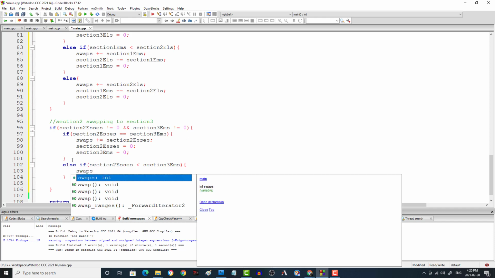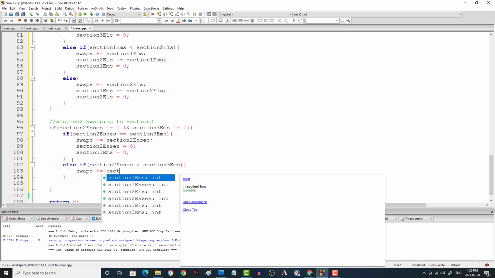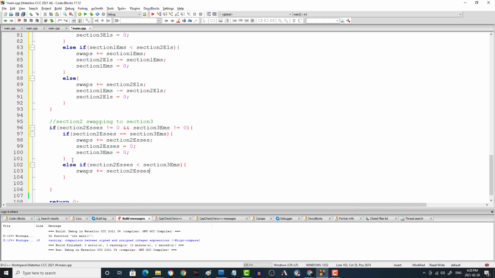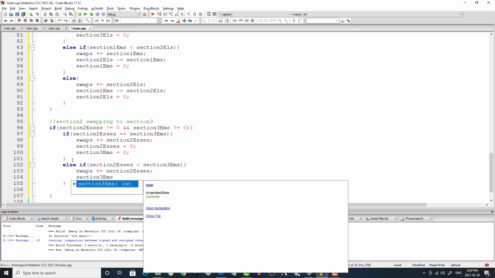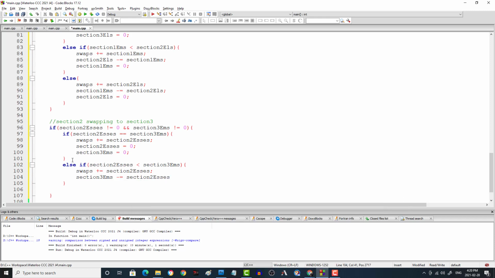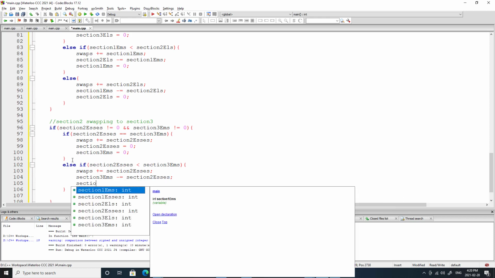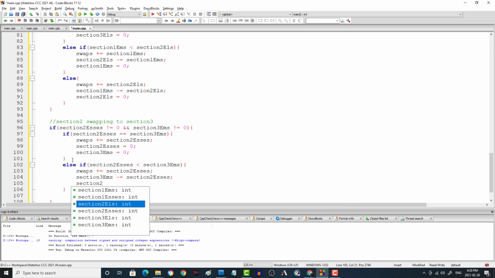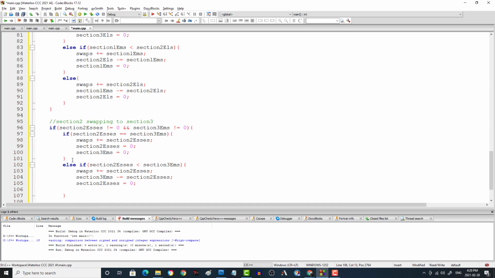So I would say swaps plus equals section 2 S's, section 3's M's minus equals section 2's S's, and that would mean all the S's are gone from section 2, so just set it to be 0. Whew, okay, last one.